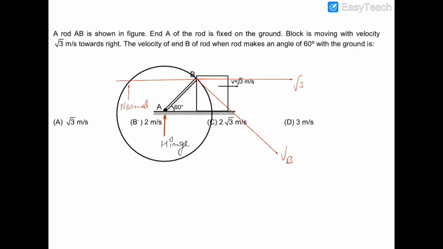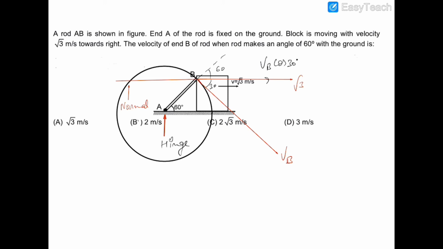So I can see that the block is already moving along the normal with velocity root 3, and I have to only resolve out the velocity of the rod along the normal, and this angle will be 60 and this angle will be 30. So its velocity along the normal will be VB cos 30.